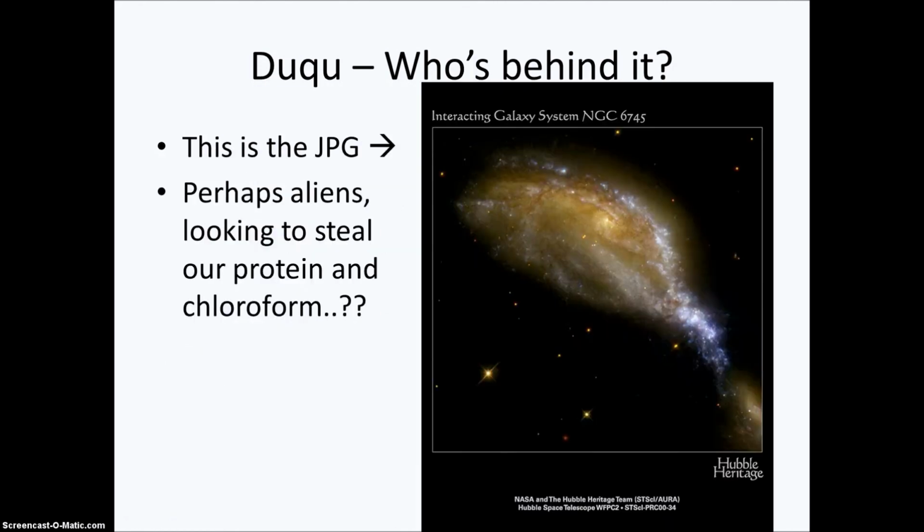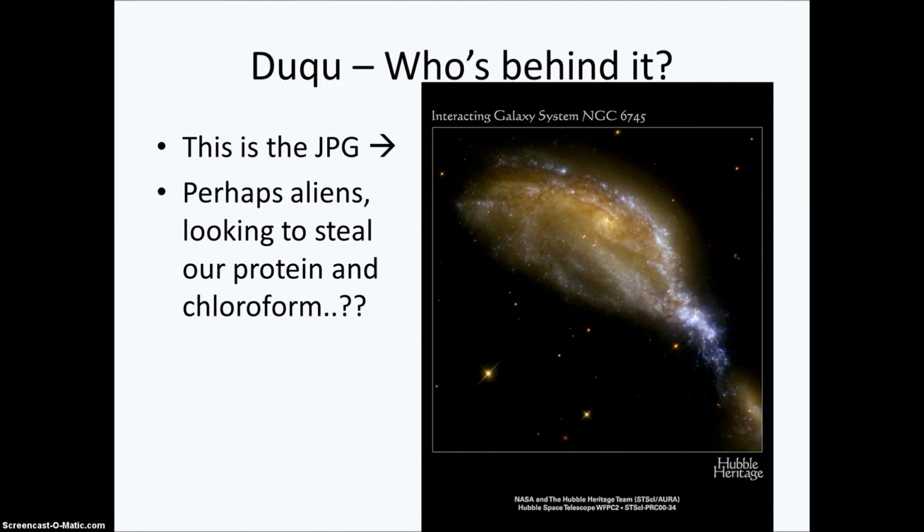This is actually the image that Duqu uses when it communicates with the command and control servers. It's an image from the Hubble telescope of the interacting galaxy system NGC 6745. It's supposed to be the aftermath of two galaxies that collided billions of years ago.